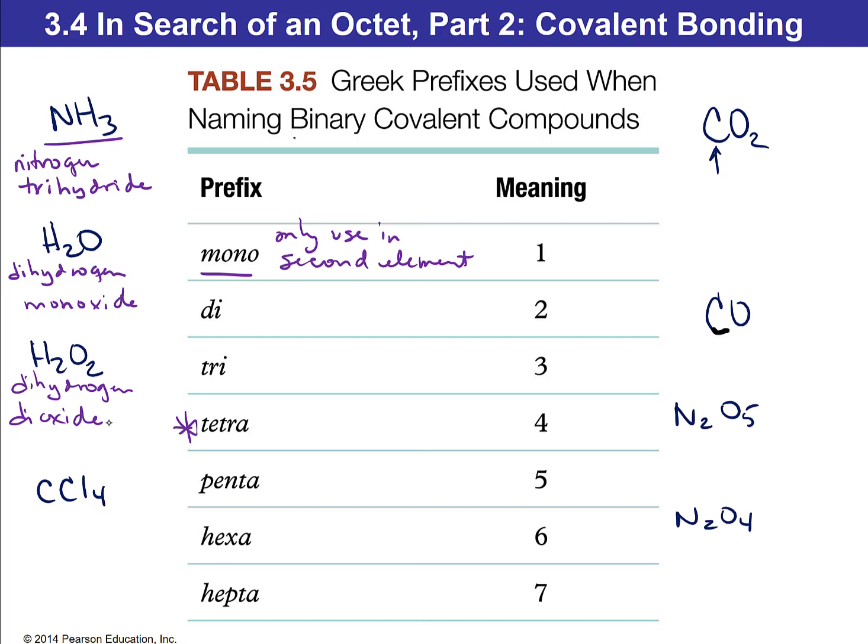What about CCl4? Carbon. Yeah. Carbon tetrachloride. Carbon tetrachloride used to be used as a fire extinguisher chemical. They found that if they sprayed it onto a fire, it's really dense, which means it's really heavy, and it covers the surface of the flame and blocks oxygen from being able to come in contact with the flame.